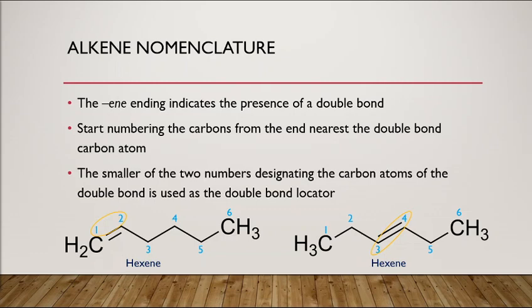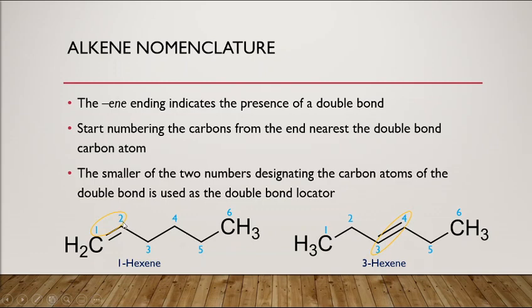So you're going to use the number that the bond starts with in order to name the specific hexene. So the one on the left is going to be 1-hexene because the double bond starts on the first carbon. If it starts here, we're looking at 3-hexene because it's starting on this third carbon going up to the 4th.